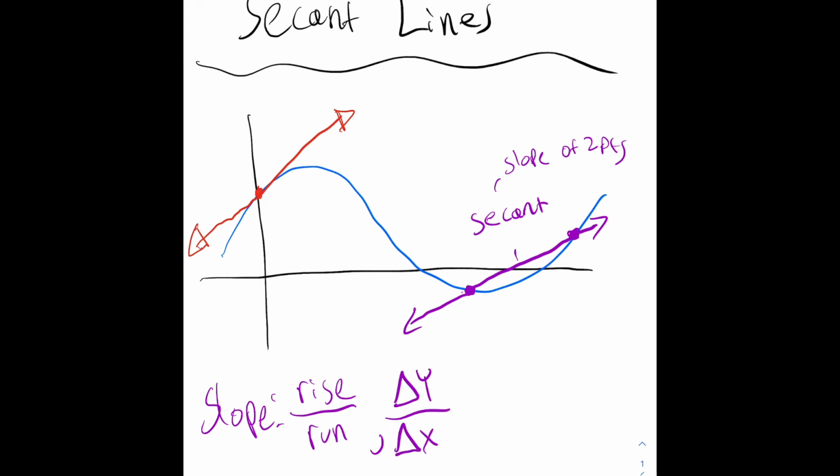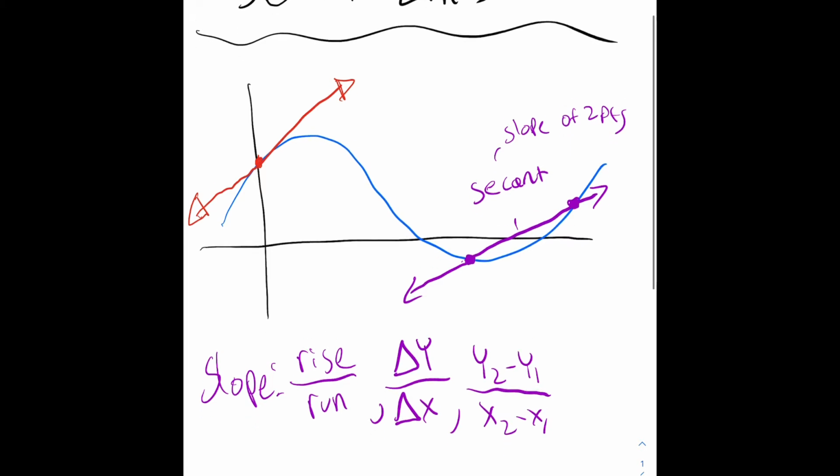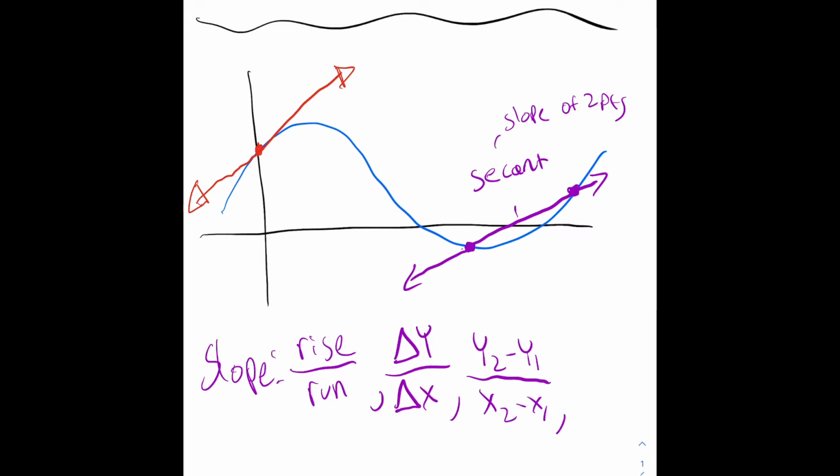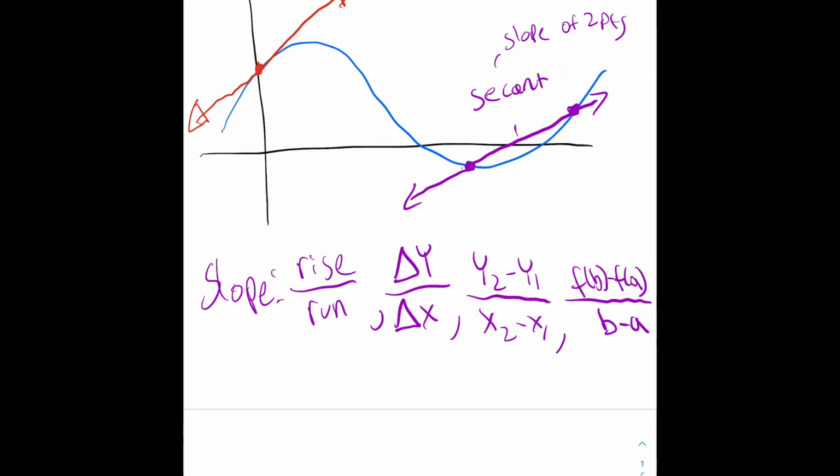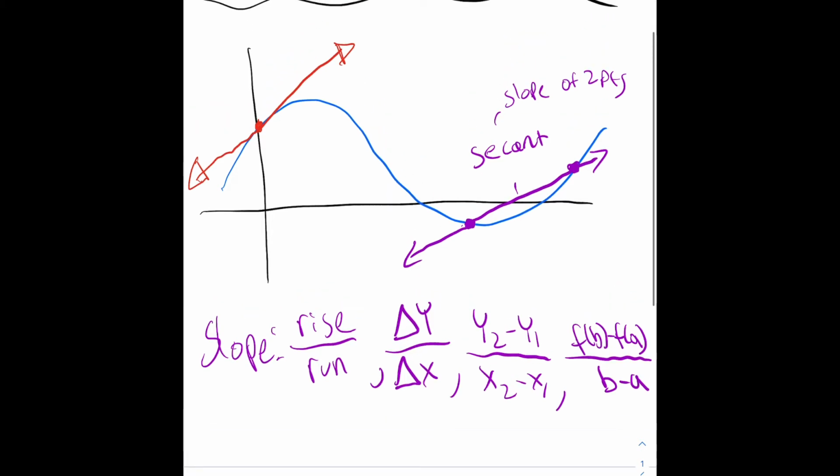Change in y over change in x. And then we said, well, how do you calculate it? Well, you take 2 points and you subtract them, and then you take the corresponding x values and you subtract them. And how this gets shown in calculus is f of b minus f of a all over b minus a. Basically, all of these things are the same type of idea.